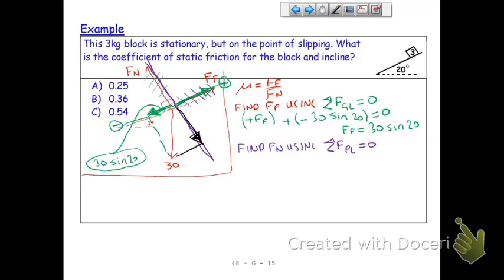I resolve this weight along this purple line, and this would be 30 cosine 20.